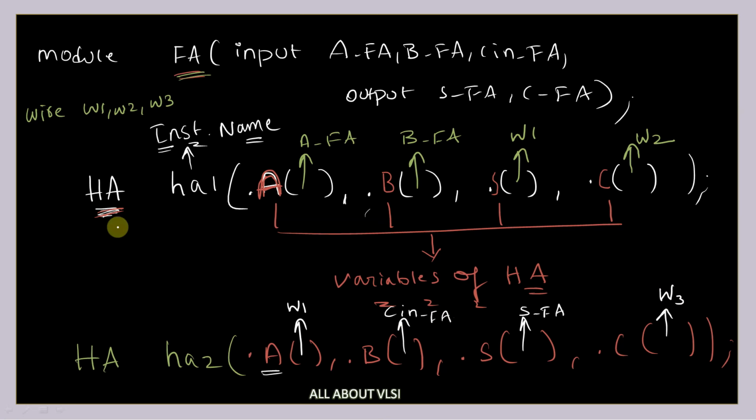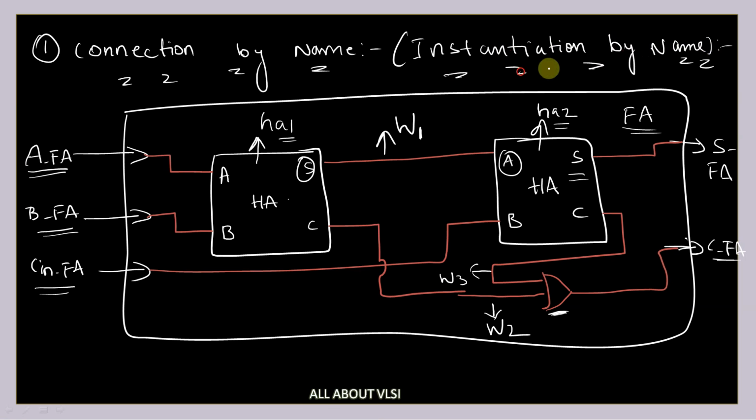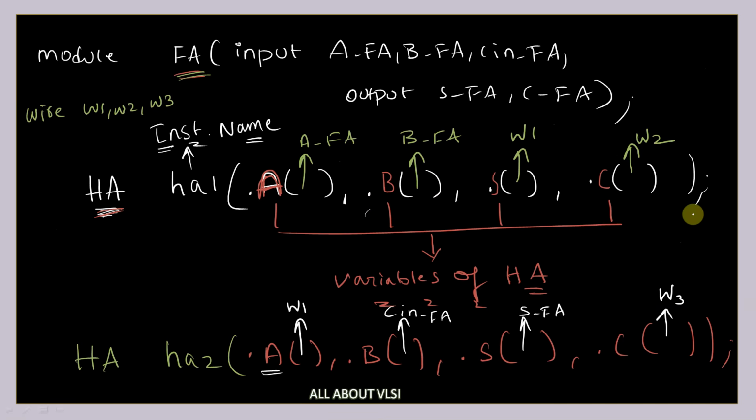These are my two half adders which I have instantiated. This particular process is nothing but connection, known as instantiation by name. And there is no restriction that you should follow a specific order.